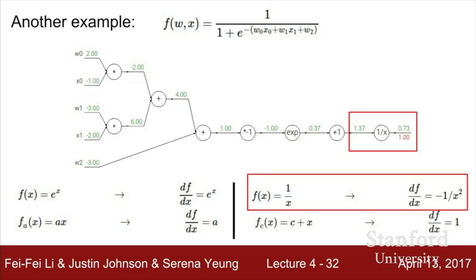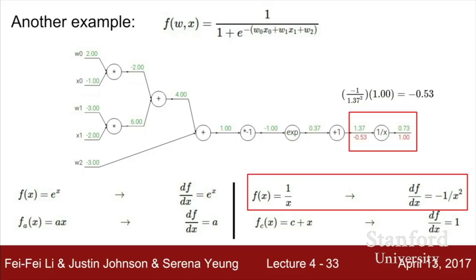Well, in this case, we know that the upstream gradient coming down is this red 1. Now we need to find the local gradient. The local gradient of this node is 1 over x, so we have f of x equals 1 over x here in red. The local gradient, df over dx, is equal to negative 1 over x squared.